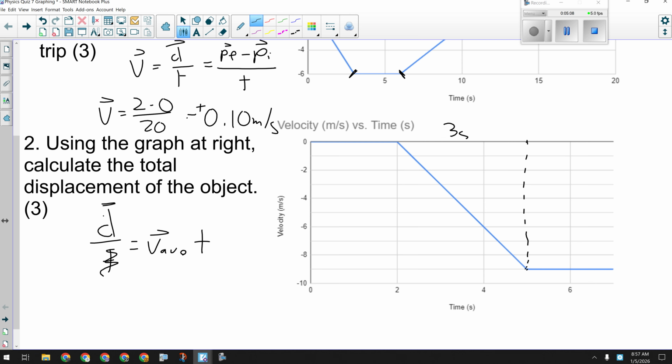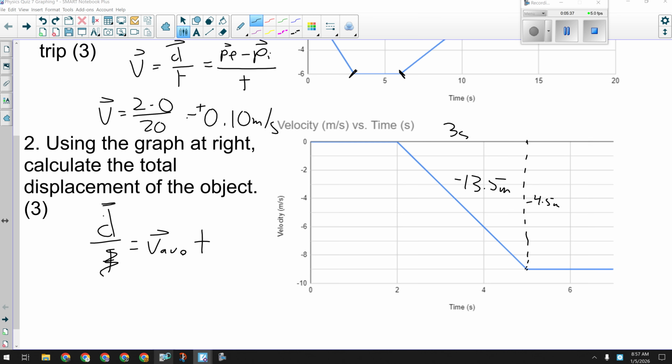Well, the average is halfway between 0 and -9. So I'm going to take half the height, base times height over 2. That gets me the average velocity. So 3 times -4.5, 13.5. Is that right? -13.5. I should probably start using the calculator.